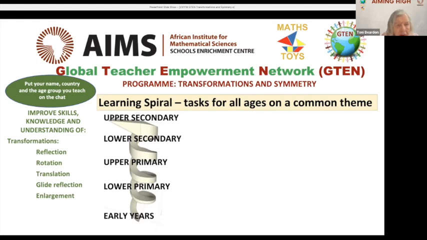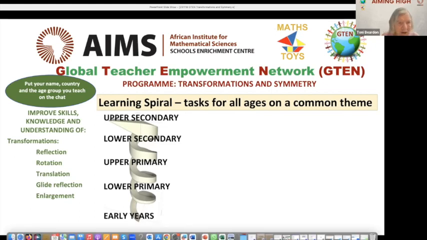Now, I say four of them because today we're going to concentrate on those four rather than enlargement. The property that the four of them have in common and do not share with enlargement is they keep all the angles the same and the lengths the same, whereas enlargement, as you know, is where we come into similarity and things get expanded or shrunk, all in the same proportion.